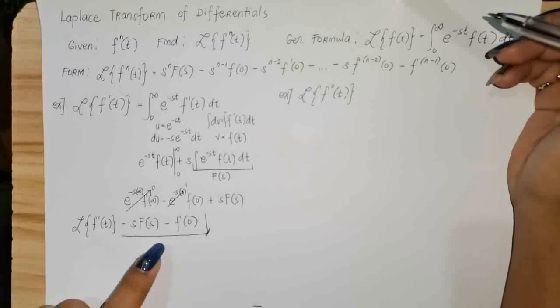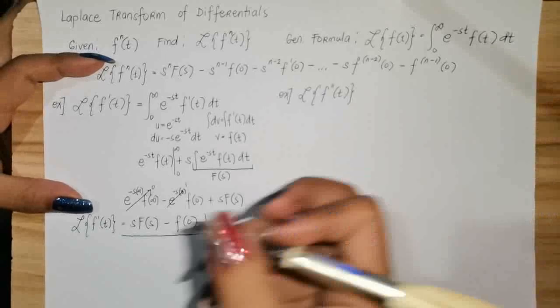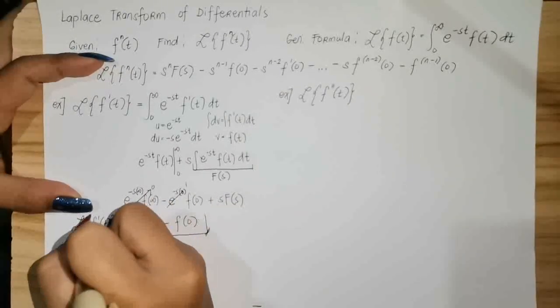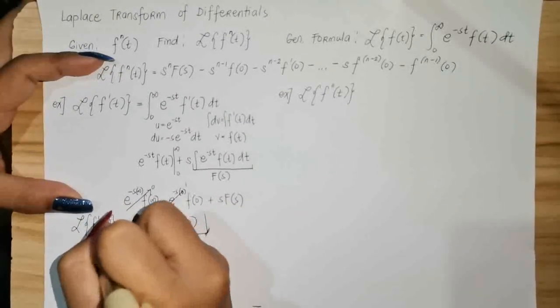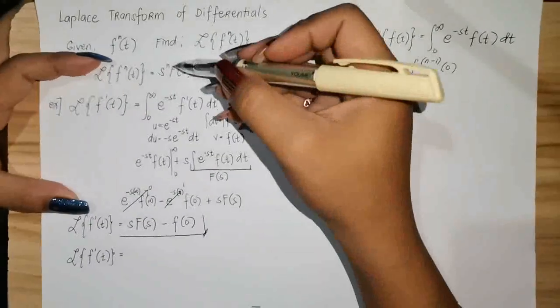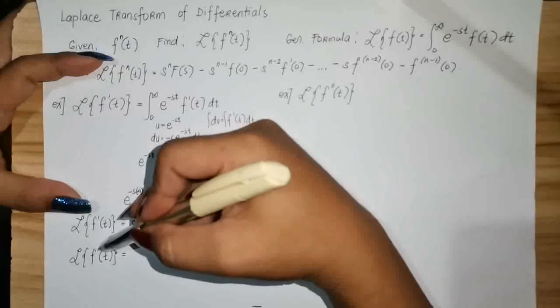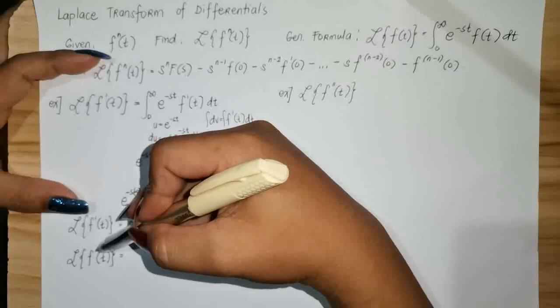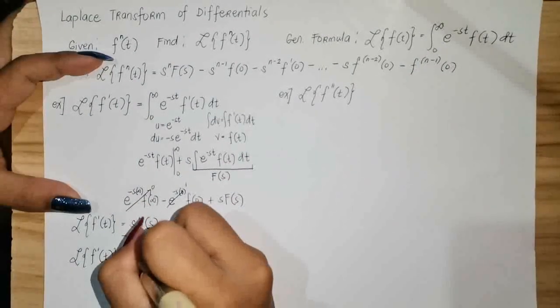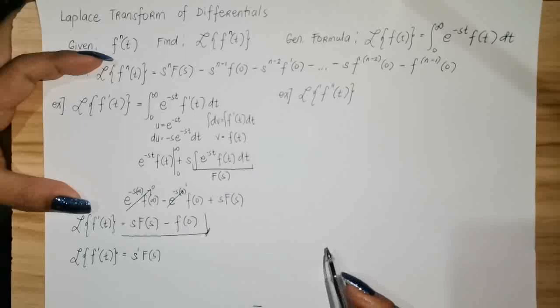Now, if you are going to use the shortcut formula, you were given the first derivative, and you will have to get the Laplace transform. Your s first, the exponent is the value of n, so that's s raised to 1. That will be multiplied by F of s.